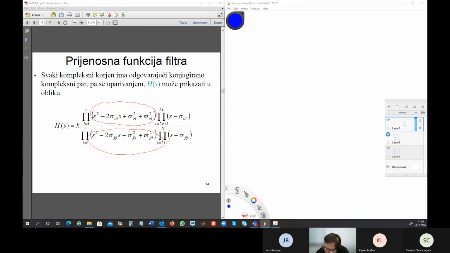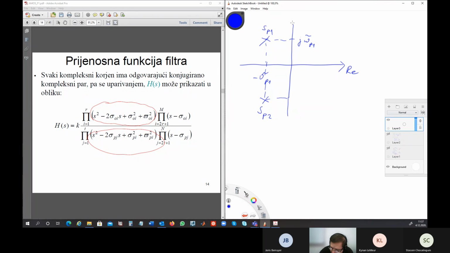We can explain how these parameters look. This is sigma p1. This is j omega p tilde. This is one pole. This is another pole, which is complex conjugate. This is the s-plane.